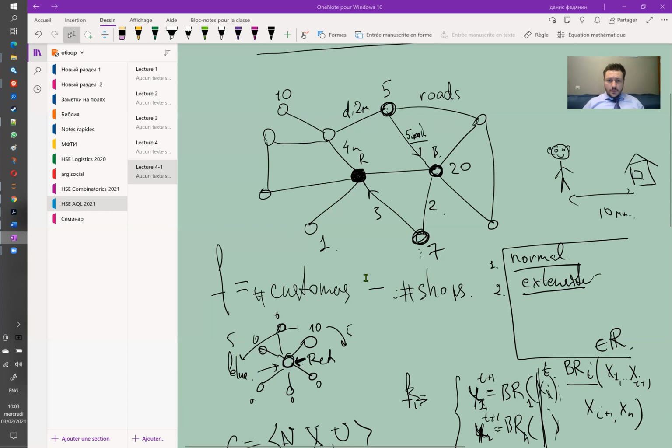Okay, and now we can consider this game here in extensive form. We can imagine that the first one has the right to choose a place first, and then the second one, and so on.